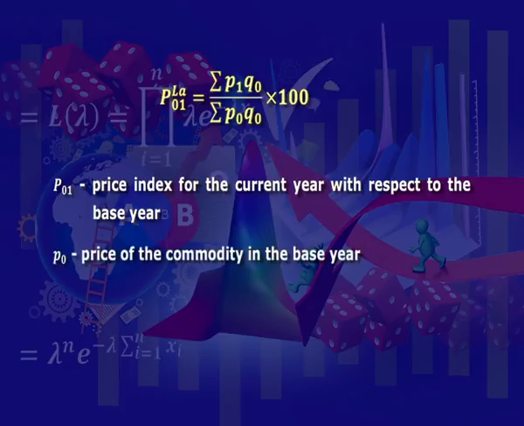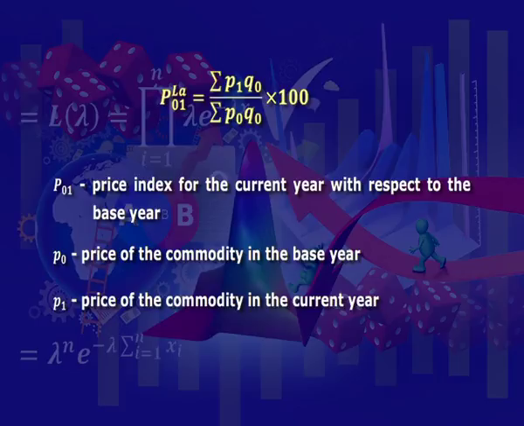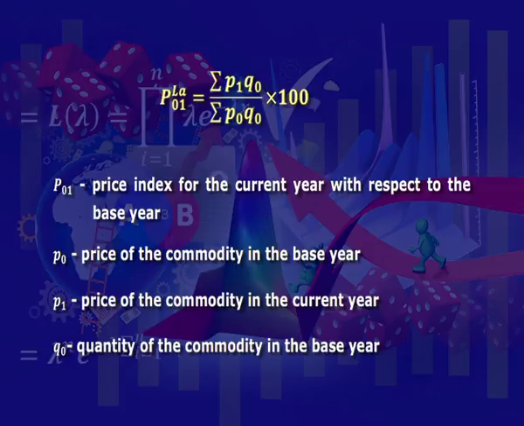P0 is the price of the commodity in the base year, P1 is the price of the commodity in the current year, and Q0 is the quantity of the commodity in the base year. In this index number, the base year quantities are taken as weights. This method of computing price index is called the base year method.